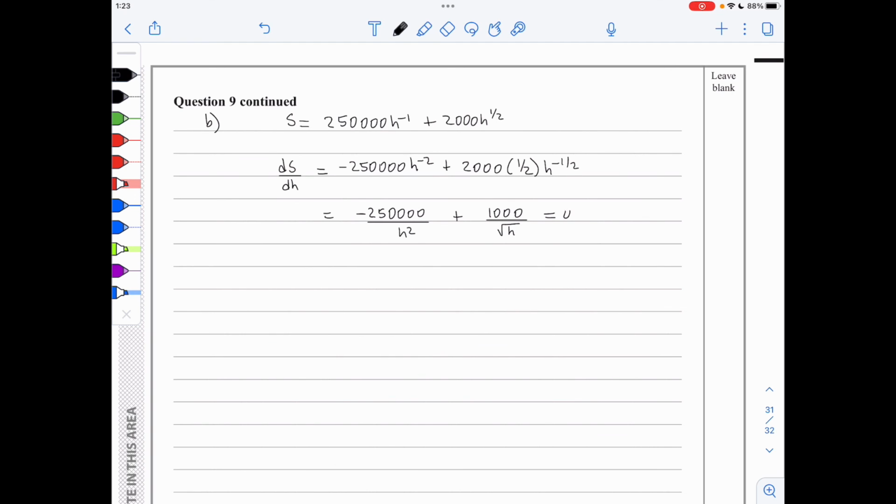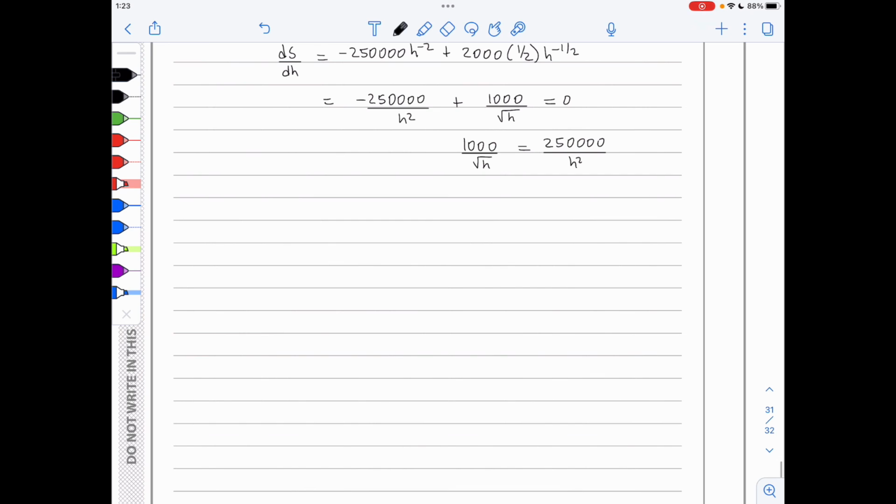And this must be 0 because it's a turning point. So this means that 1,000 over root h is equal to 250,000 over h squared. I will cross multiply to get that h squared over root h is 250,000 over 1,000.